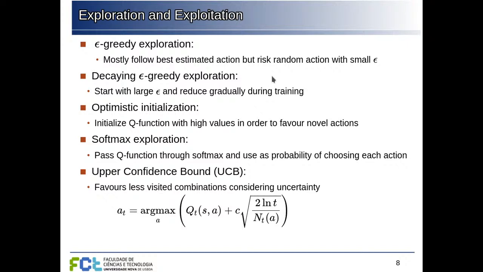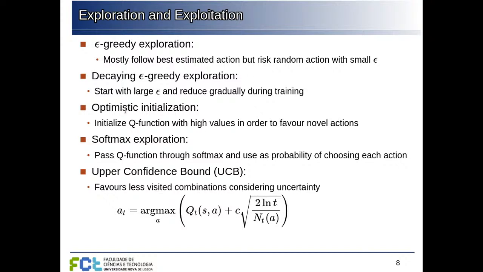But then as the agent improves, we are gradually reducing epsilon until we reach a small but non-zero value. So it's not a good idea to set epsilon to 0, because then there will be no exploration of new options and we are just following the agent. So decaying epsilon greedy exploration starts with a large epsilon and then reduces it to a small value during training.